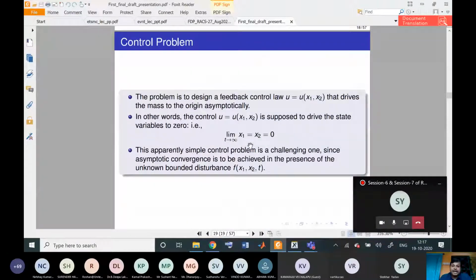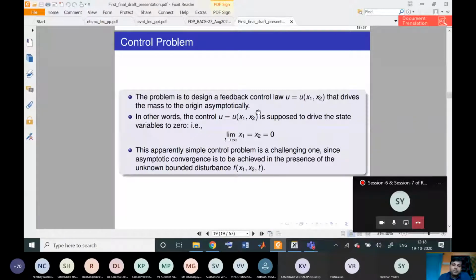In other words, the control U, which is a function of x1 and x2, is supposed to drive the state variables to 0, that is, as t tends to infinity, x1 and x2 both must go to 0. This apparently simple control problem is a challenging one, since asymptotic convergence is to be achieved in the presence of the unknown disturbance, f.